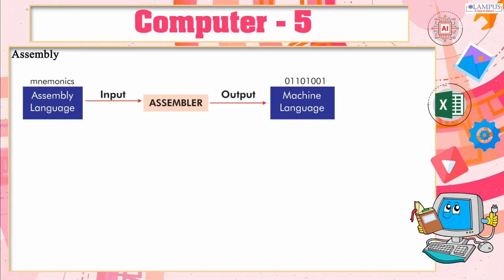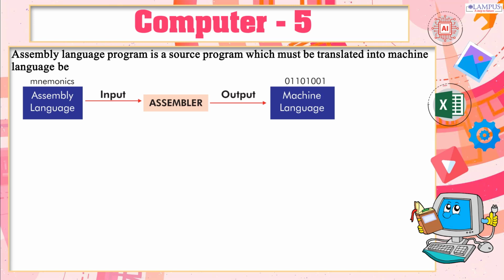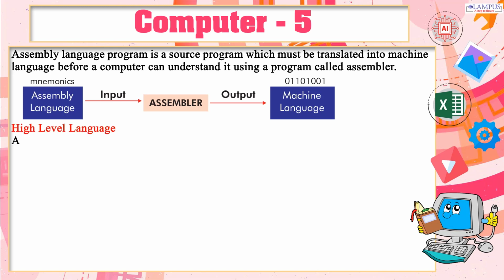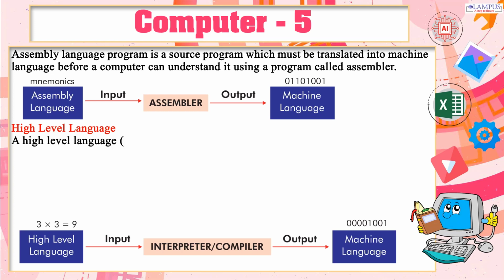An assembly language program is a source program which must be translated into machine language before a computer can understand it, using a program called assembler. Mnemonics, assembly language, input-output, assembler, machine language.